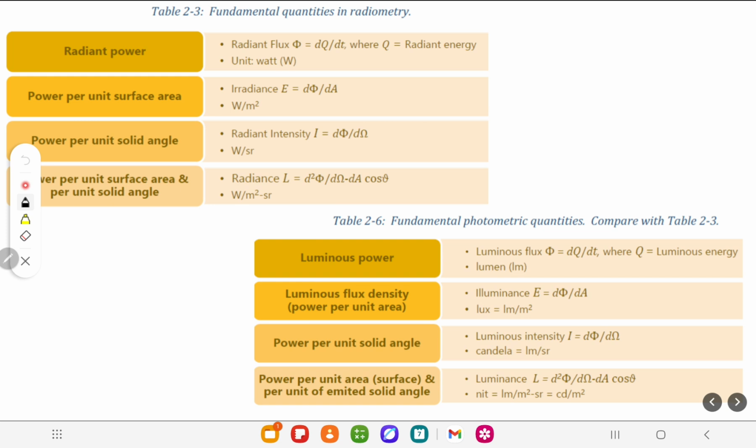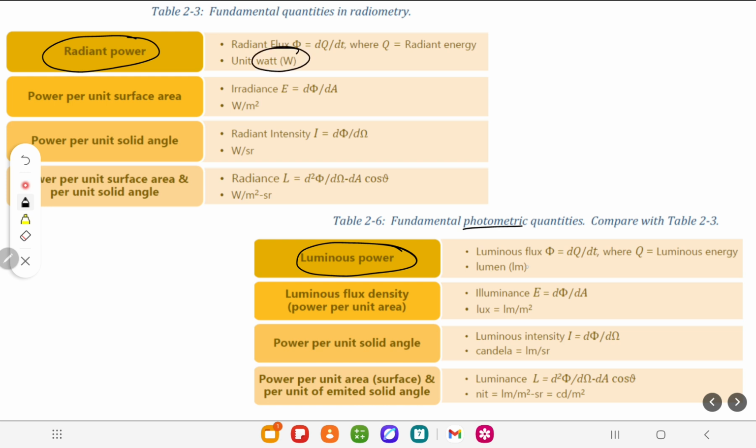So here I want to discuss the fundamental quantities of radiometry and photometry. In the case of radiant power, the fundamental photometric quantity is luminous power. What is the difference between radiant power and luminous power? Power means it's always watt, isn't it?